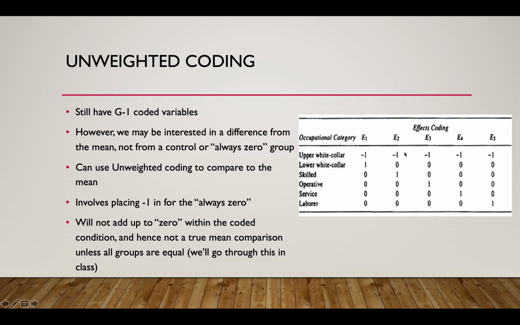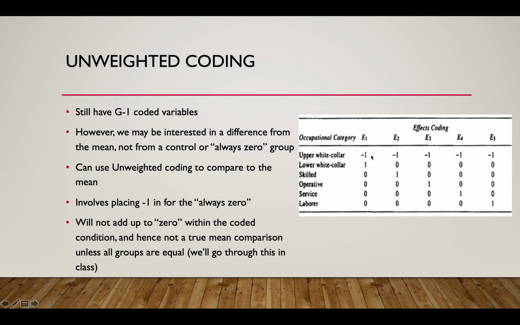We set this -1 here, and this will actually zero out the entire group and produce a relative effect of this group or this group or this group, based on which coding effects are in there, relative to the mean across all groups, the entire mean.